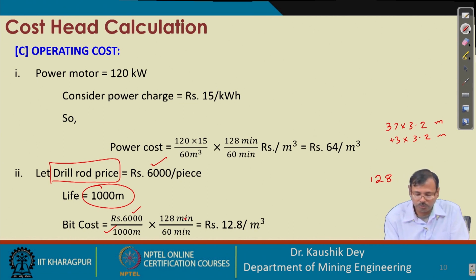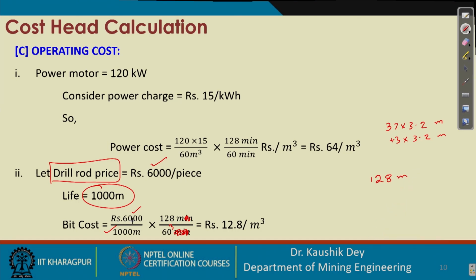So, this is actually meter, not minute, and this is meter cube, and 3, that is the one burn hole of 3.2 meter, 3 times we are considering it. So, this is coming 128 meter.